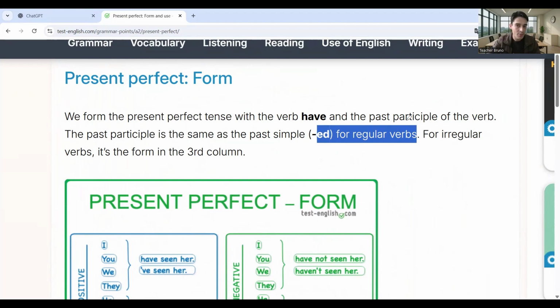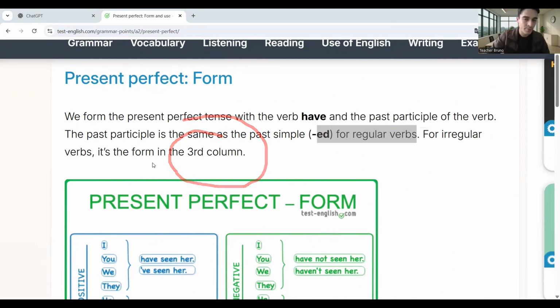If the verb is irregular, we're going to have to check the list. Eaten, driven. There are so many irregular verbs. The list goes on and on. We're going to have definitely a future class only about irregular verbs. The third column of irregular verbs, the past participle.